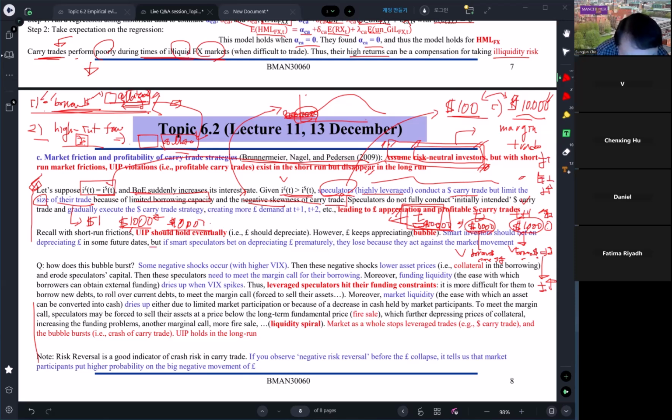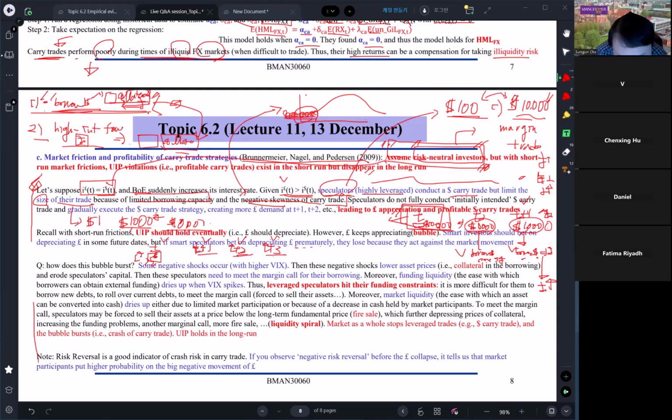So at time T, you have reason to do dollar carry trade: pound interest rate is high. But you implement carry trade a little bit at time T, a little bit at T plus one, T plus two, T plus three. Each time you implement carry trade, you borrow dollar, convert, and invest into pound.